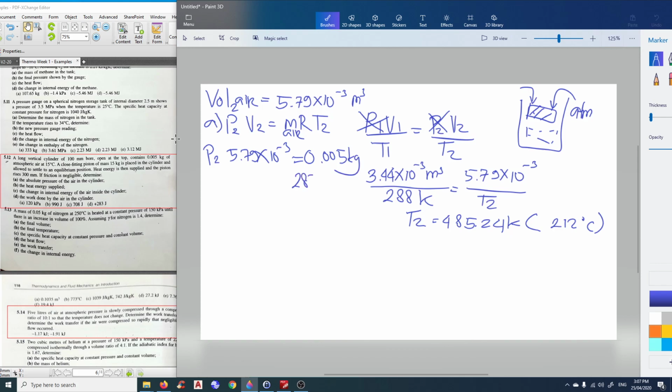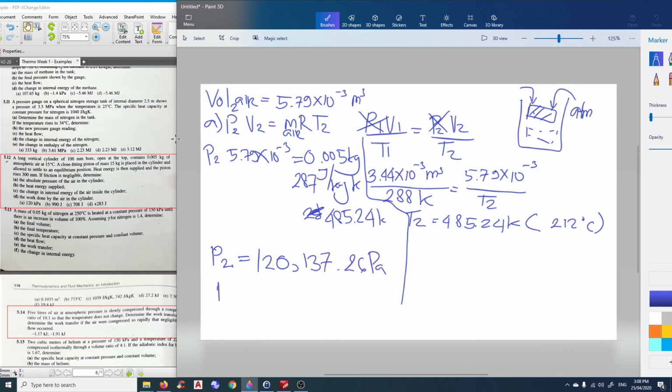R of the air is 287 joule per kilogram Kelvin, and T2 here is 485.24 Kelvin. So solve for P2 is 12137.26 Pascal or P2 is 120 kPa. So that's question A.